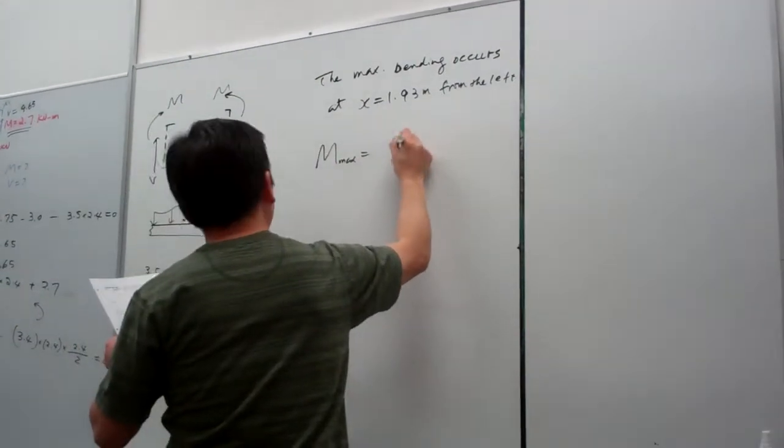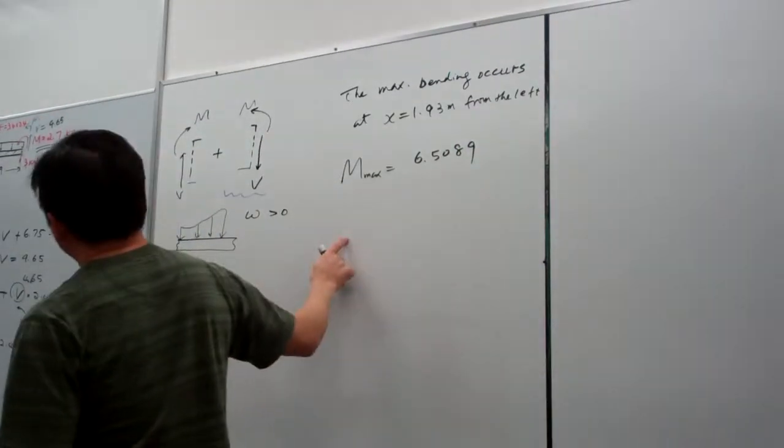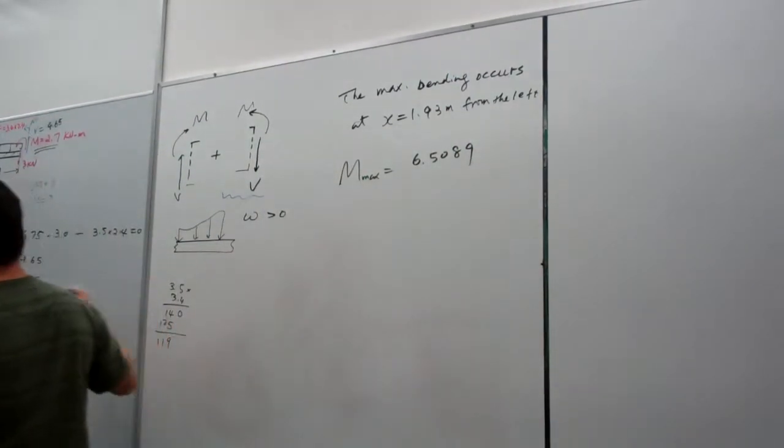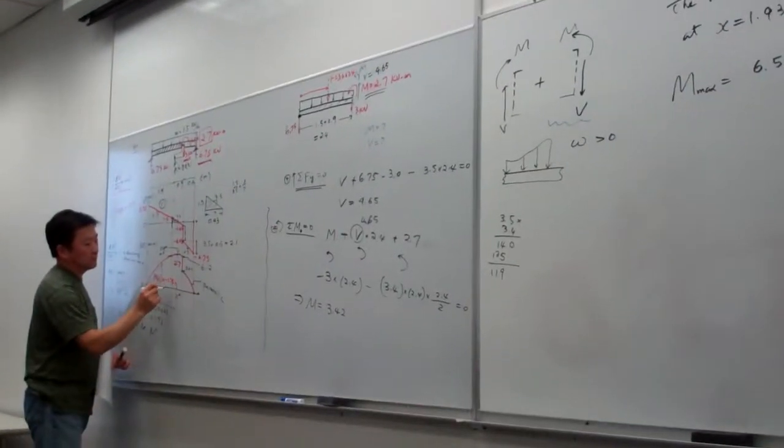here I have that one, 6.5089. Do you have that equation here? What is the equation for this one? That's negative 1.75x squared plus 6.75x.